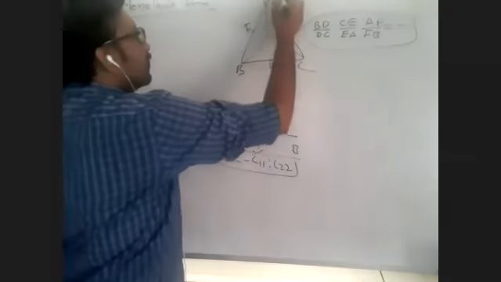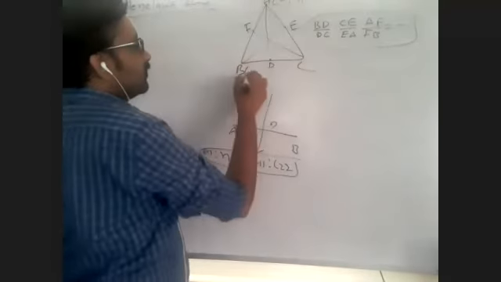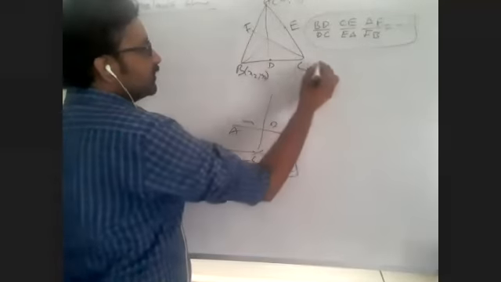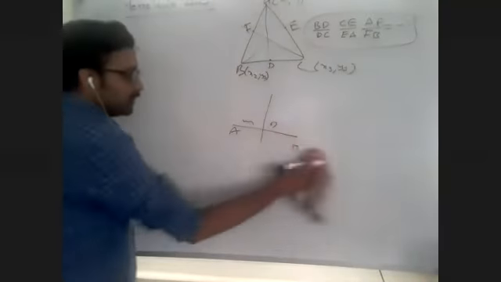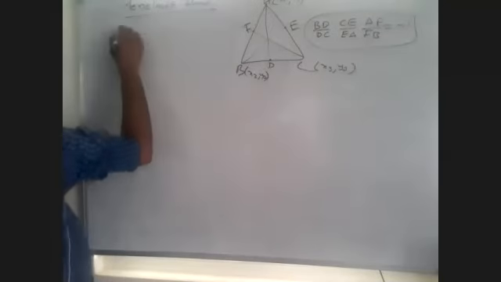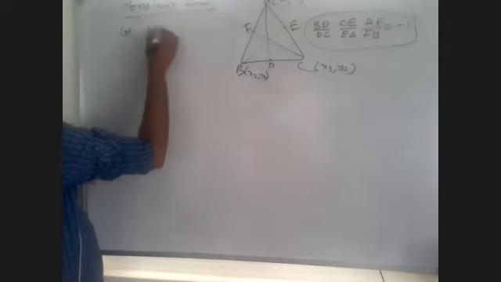Let A(x1, y1), B(x2, y2), C(x3, y3) be the vertices, and let the transversal be L equal to 0.